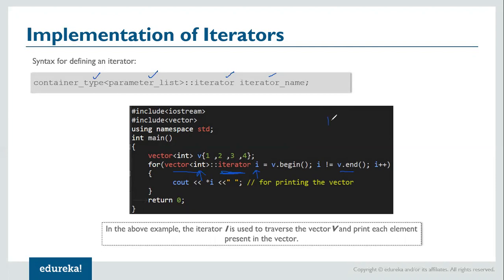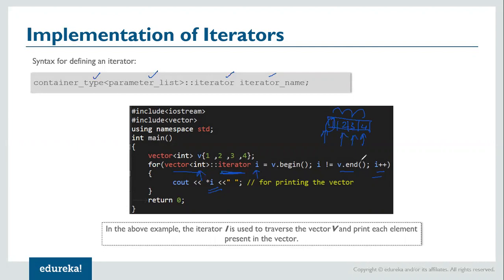So basically, if you draw it in a diagram here, it is like this: 1, 2, 3, and 4, right? Now initially I begin points here and I not equal to V.end. So one by one you traverse here, here, here. So every time you say star of I, it fetches this element here, then it goes back in the loop, and when you increment I plus plus, the iterator moves from 1 to 2, then 3, then 4.